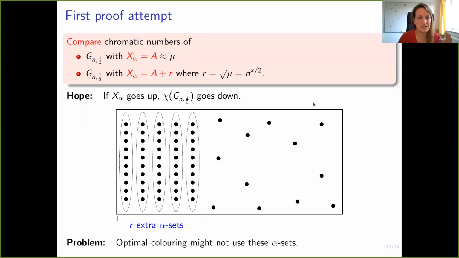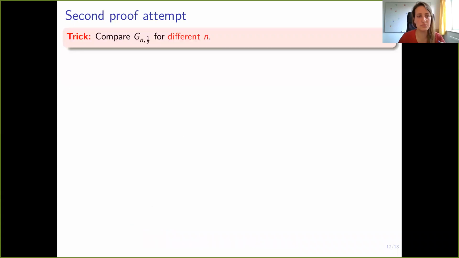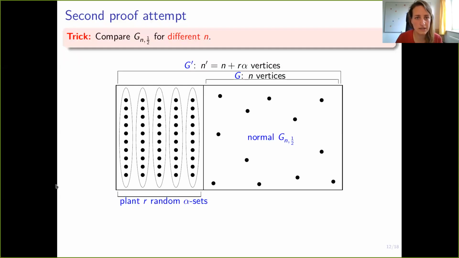So the trick that does make this idea work is to compare G(n, 1/2) with different available numbers of alpha sets, but not for the same n, but also for different n. Okay, so the picture I want at the end of the proof, or in the middle of the proof actually, is this. I want to have a G(n, 1/2), and I want to embed it into a slightly larger G(n', 1/2).